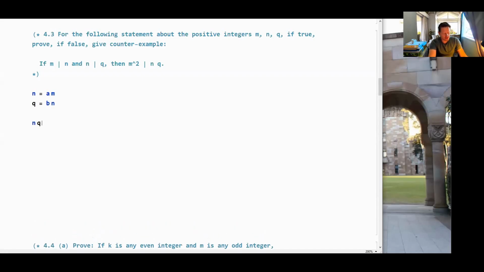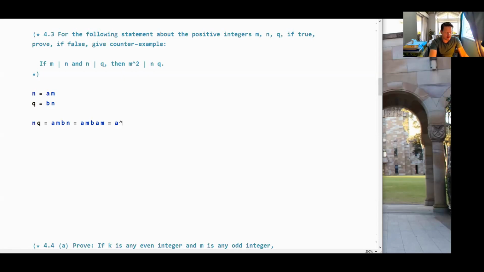All right, so nq equals, let's see, we have am for n, and then we have q equals bn. Okay, but we also have an identity for n, so we can express this as am times b, and then n was am. And then let's just write this.